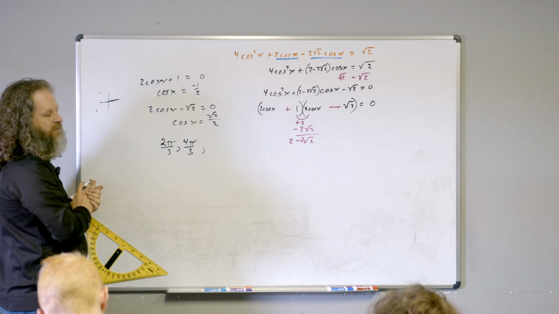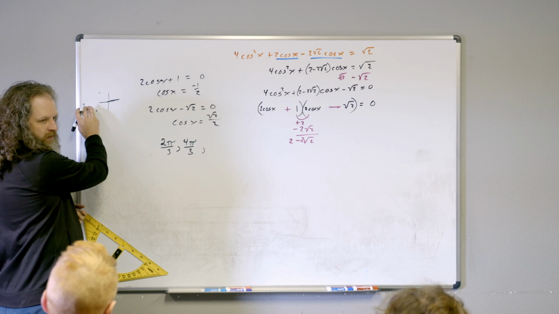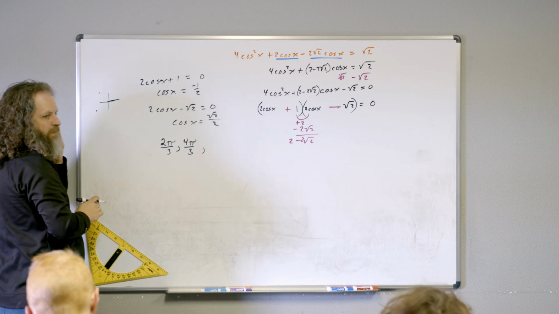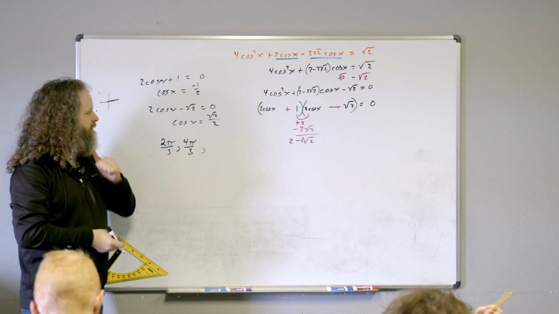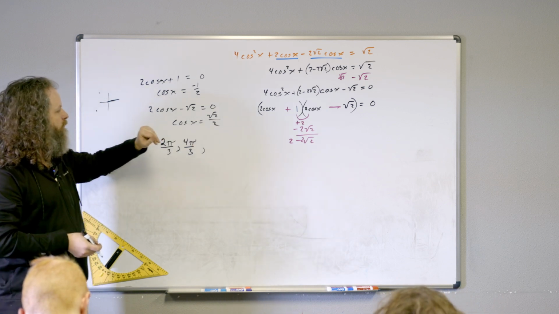It will be pi plus pi over 3, right? So 3 pi over 3 plus pi over 3 is 4 pi over 3. Good. Now, where's cosine positive?